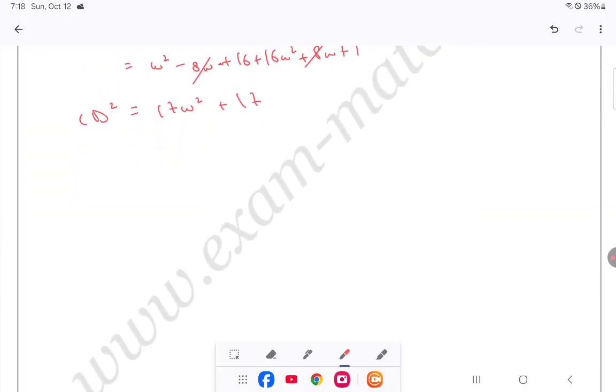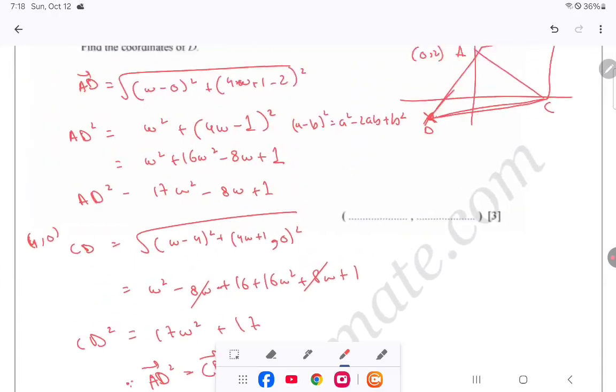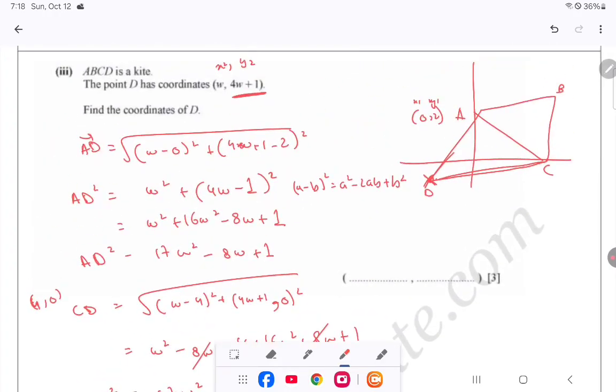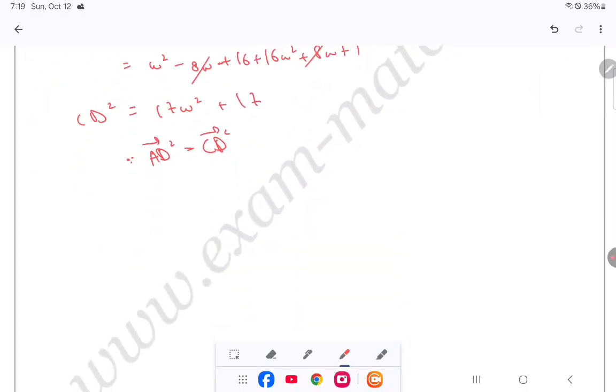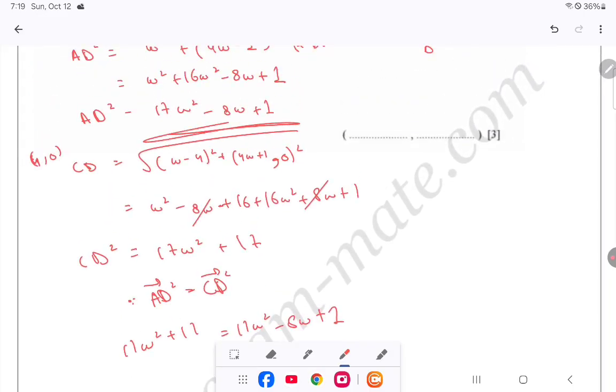Now what has happened? If we consider AD squared is equal to CD squared according to our condition, this AD is equal to this CD. So we can simply compare: 17w squared plus 17 is equal to 17w squared minus 8w plus 1, from right here AD squared.